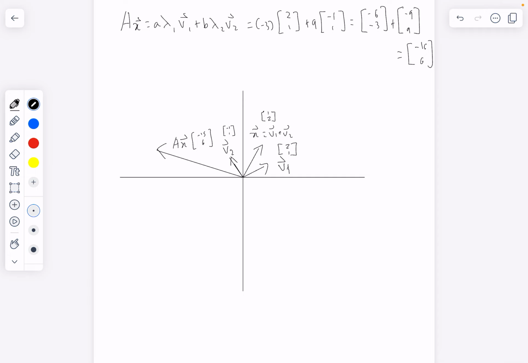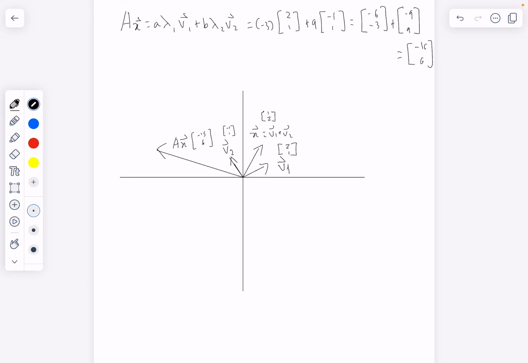So method 3 is a visual method. We plot the eigenvectors v1 and v2, then use them as a new basis for R2. Since the x vector is v1 plus v2, we draw those vectors from the origin and then sum them to get the x vector.